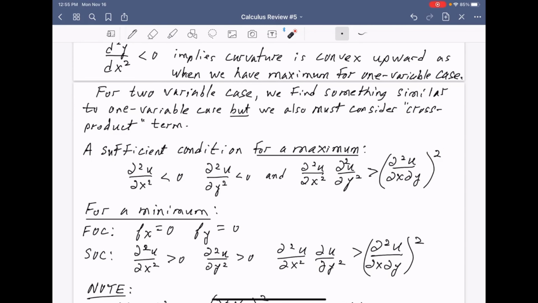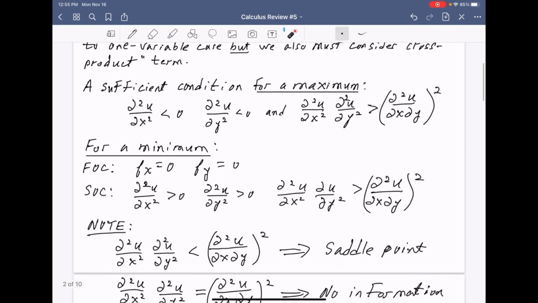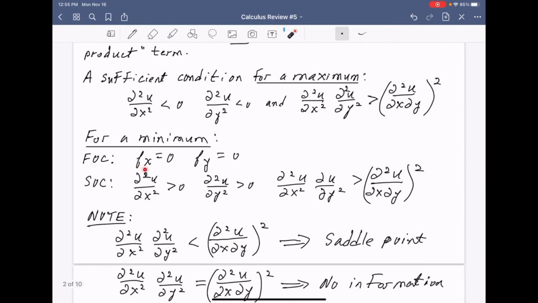That's for a maximum. For a minimum, we get the same first order conditions, that the first derivatives of the function have to equal 0, and that the second derivatives now have to be greater than 0. So the second derivative of the utility function with respect to x has to be greater than 0, and the same thing is true for y.